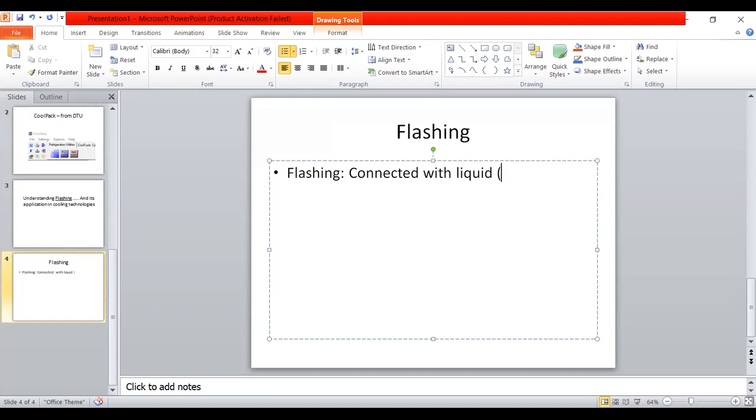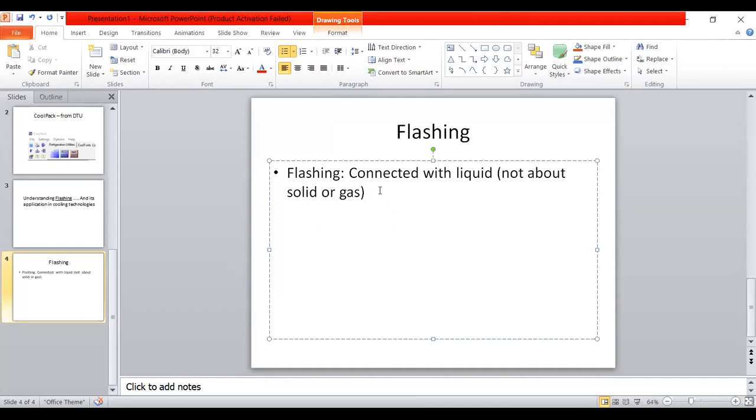This is not about solid or gas. Okay, flashing is connected with liquid.